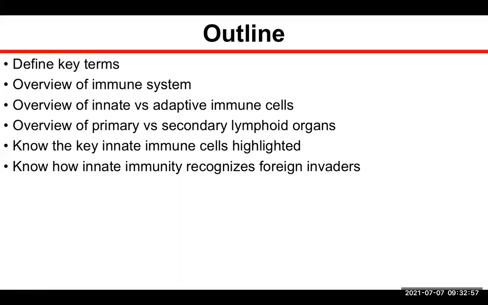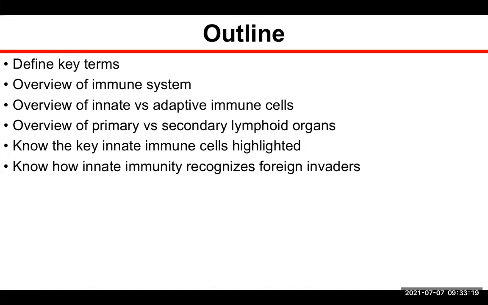I'll give you guys a little bit of a preface on the connection between the two today, but to not overwhelm you guys with the material, we're going to focus on the adaptive, the B and T cells tomorrow. I'm also going to be going over the differences between the primary and secondary lymphoid organs. And so this is where immune cells are going to originate and live.